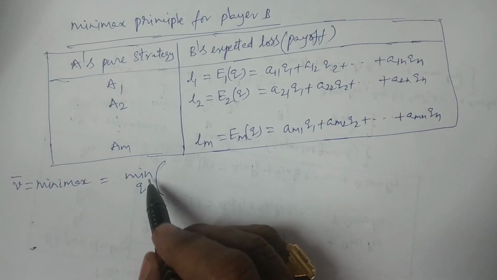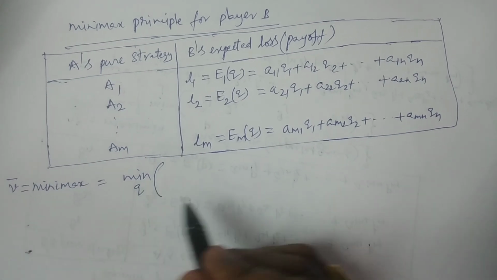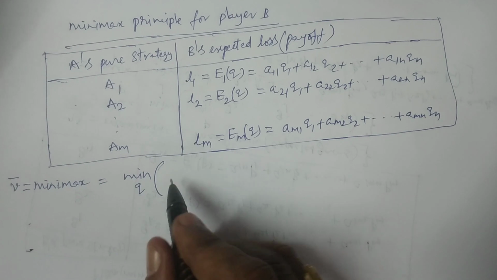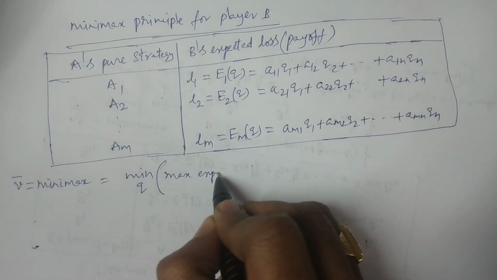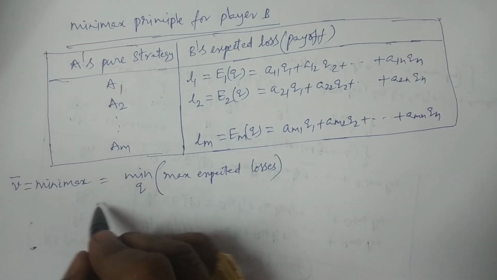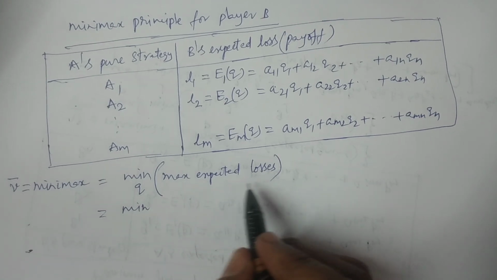That is the reason why we calculate which Q minimizes this maximum expected loss, and that is a strong strategy of player B. Hope you understand. It is the minimum of the maximum expected losses.